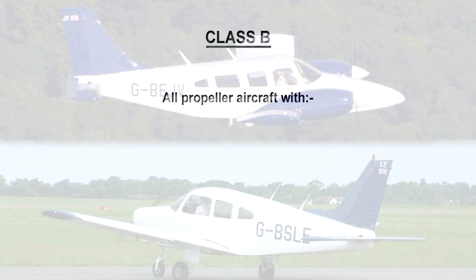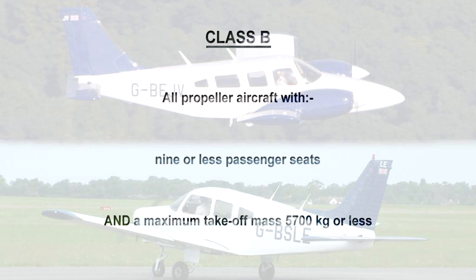The second class of airplane for public transport is Class B. This includes all propeller-driven airplanes having 9 or fewer passenger seats and a maximum takeoff mass of 5,700 kilograms or less. This class does not meet the European Aviation Safety Agency certification specifications for large airplanes and can include both single and twin-engined airplanes.